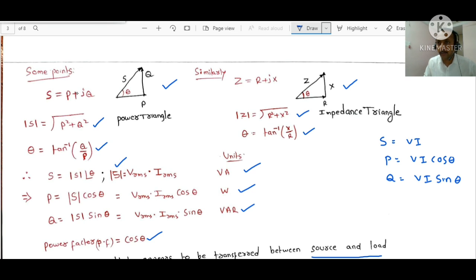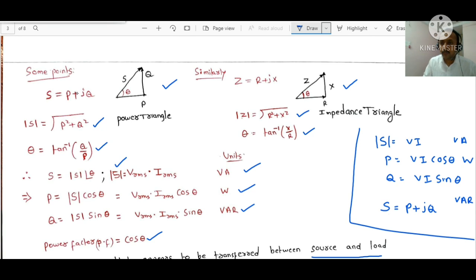Understood, these values are RMS values, VRMS, IRMS. Units are volt ampere, watt, and volt ampere reactive. This is mod S. If you want, S equal to P plus JQ. Enough. If you know these four, then this entire topic is completed.